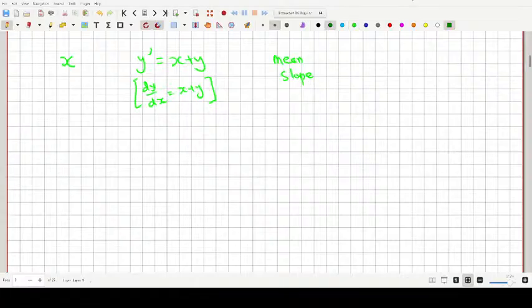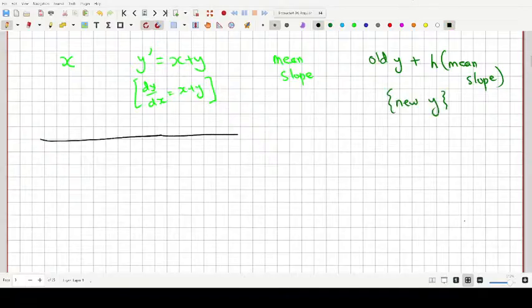The formula is going to be the old y plus, I mean we are writing the new y over here, so it is going to be the old y plus h times the mean slope. So we will calculate the value of the mean slope, multiply that by h, and add it to the old y, and that will give us the new y in a more structured way.